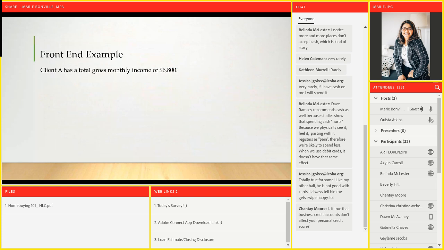Client A has a total gross monthly income of $6,800. They have selected a loan product that allows for a 29% maximum housing ratio. If I do the math, 6,800 times 29%, or 0.29, I get 1,972. So that's how much of her monthly income should be dedicated towards the housing payment itself.